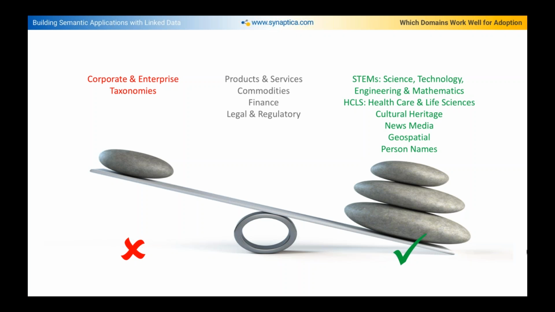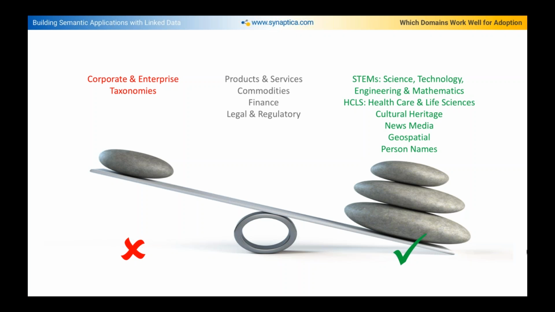There's a lot out there that is generally usable and repurposable within an enterprise. So the areas in green here, the STEM areas, science and technology, engineering and so forth, generally those linked open data resources plug and play pretty well in other people's applications.